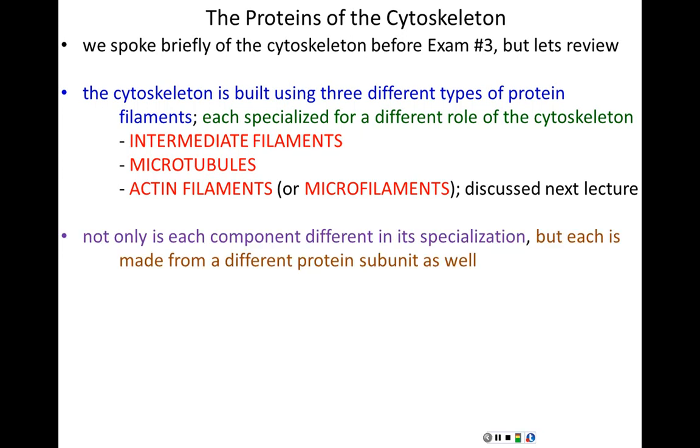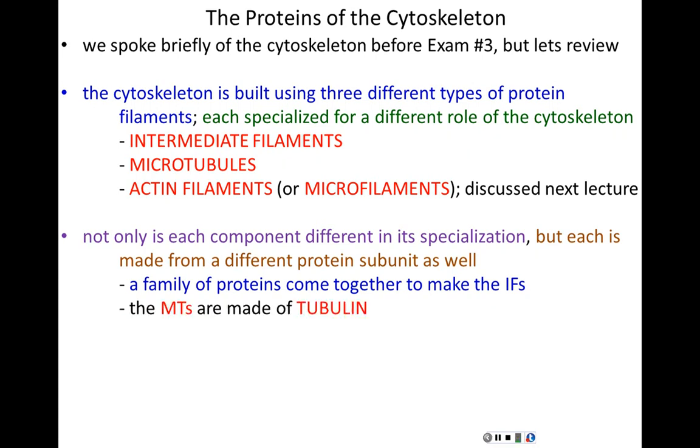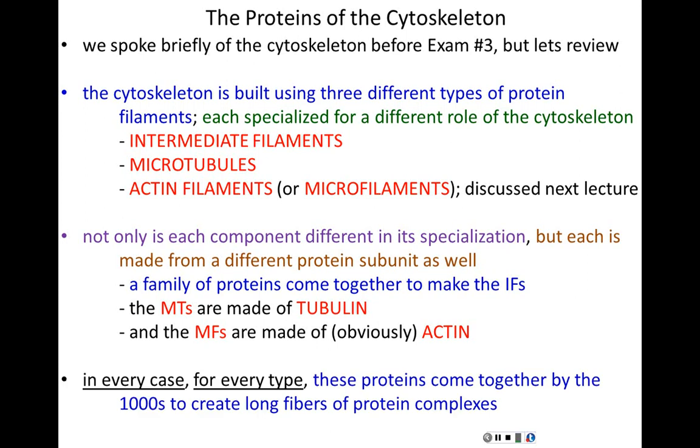So not only is each of these components different in its specialized role in the cytoskeleton, but each is also structurally different, made from different protein subunits. There is a whole slew of related, though different, proteins that come together to make the intermediate filaments. Microtubules are made up of thousands, if not millions, of repeating monomers called tubulin protein. And, of course, the actin filaments are made up of actin protein.